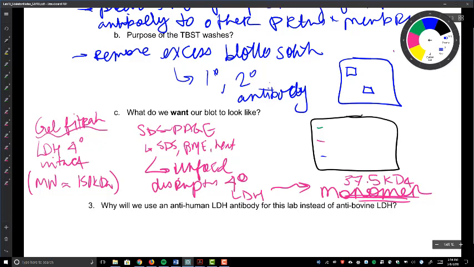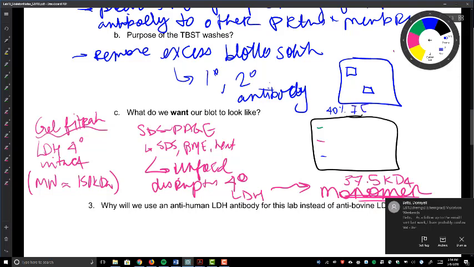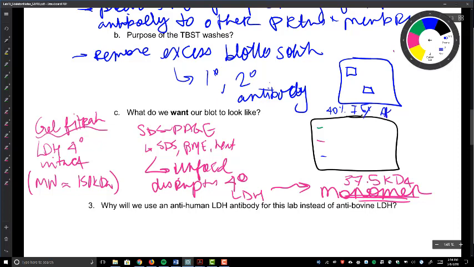As we go from the 40% cut to IEX to our affinity, hopefully we would see one band in each lane, around 37.5 kilodaltons. As we progress through purification, our sample would become more concentrated, and ideally the band corresponding to LDH would grow in intensity.